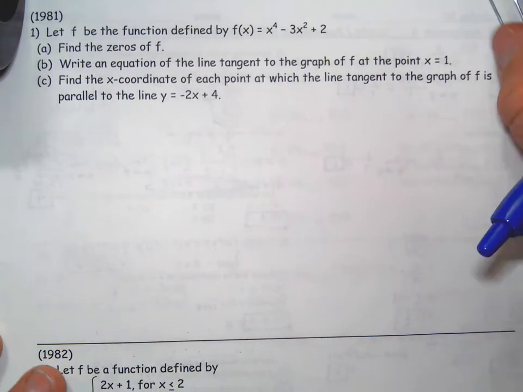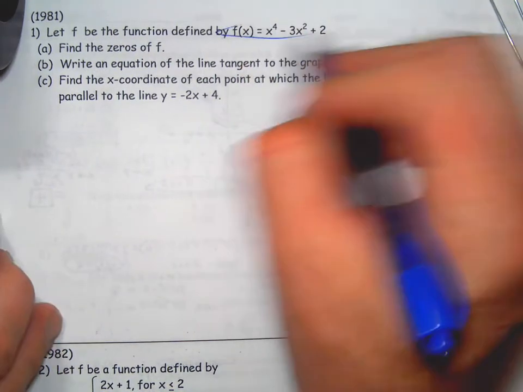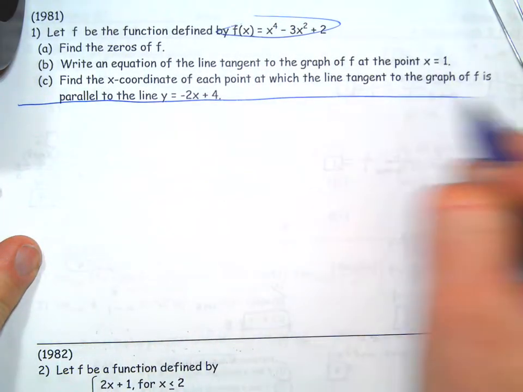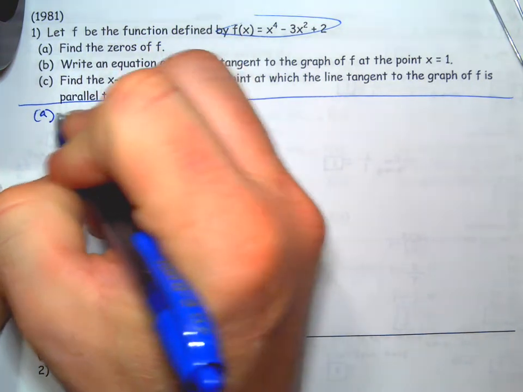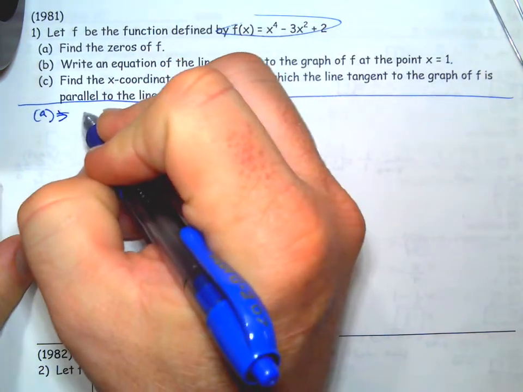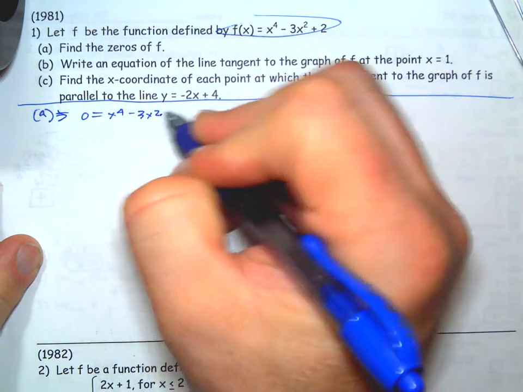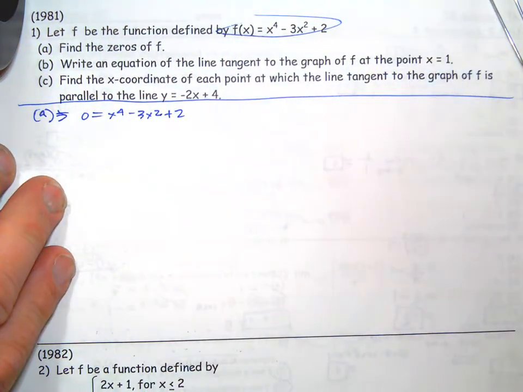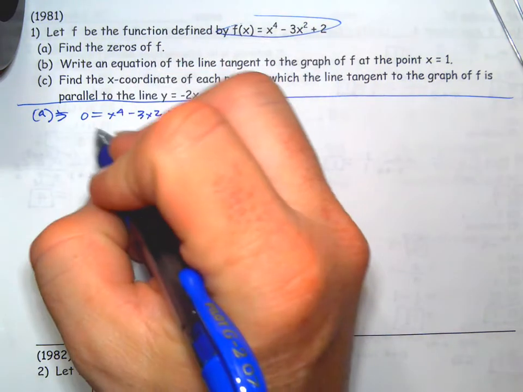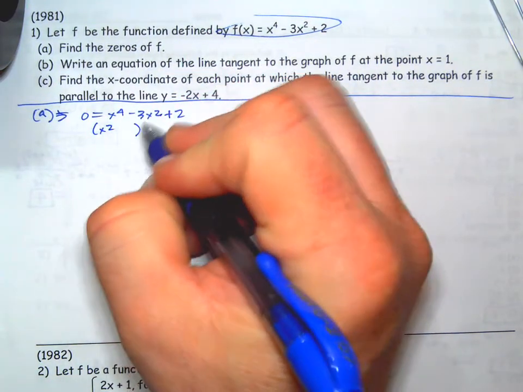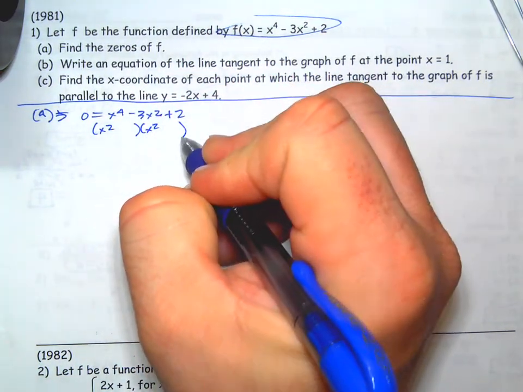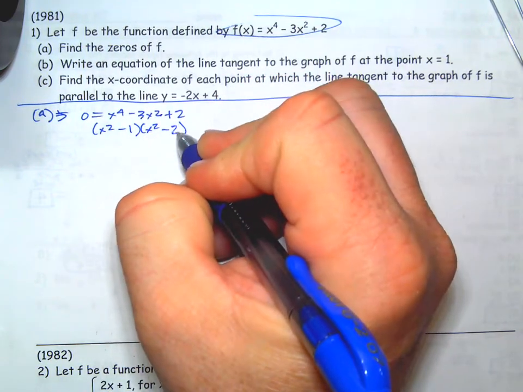So this is your function. Find the zeros. Well, zeros are just x-intercepts, which are just where you set y equal to 0 and you solve. Now, this is a quartic. We could try, like, if it works, (x squared minus 1)(x squared minus 2).